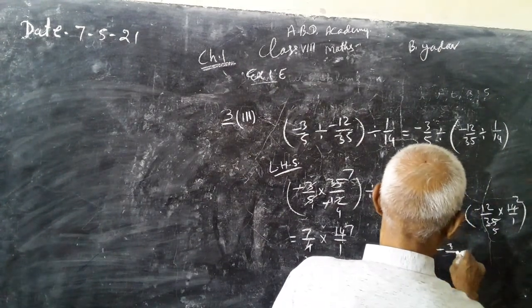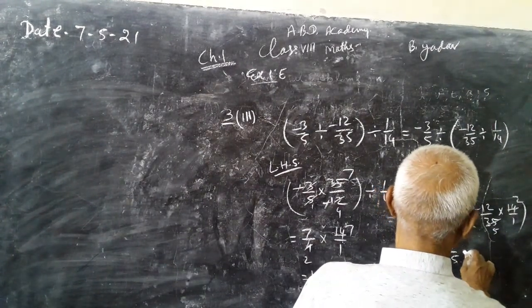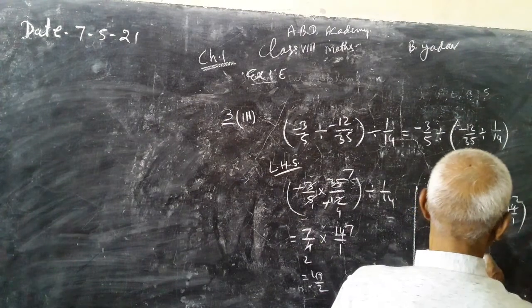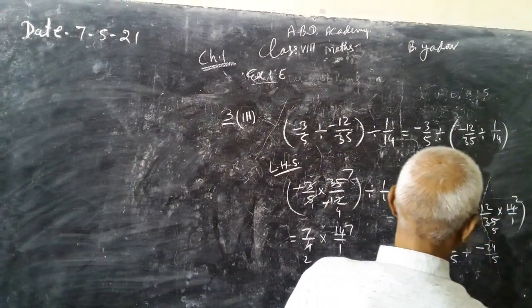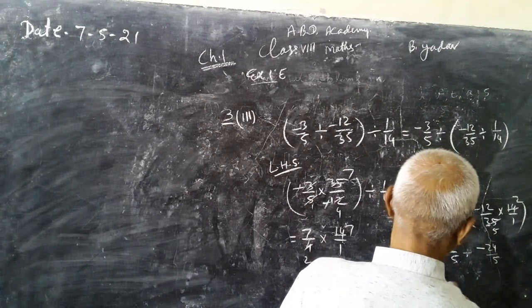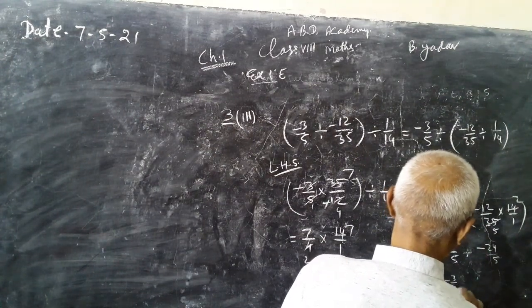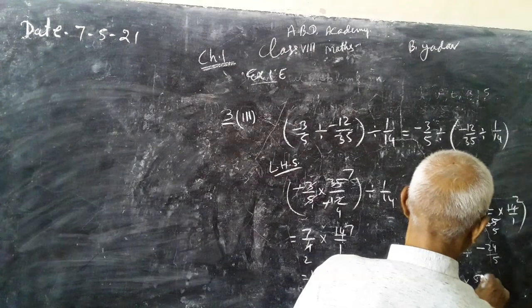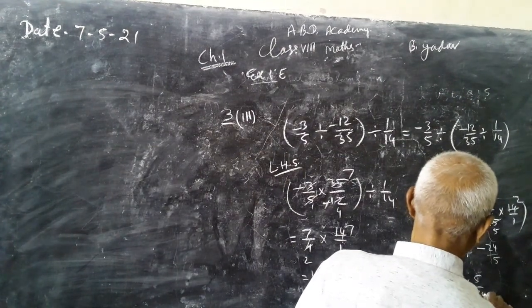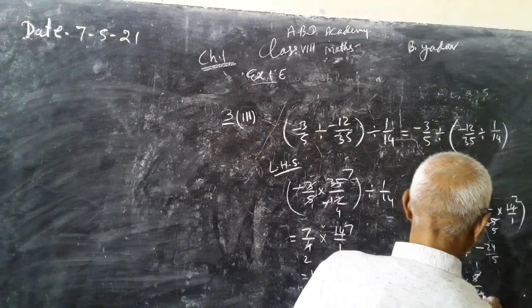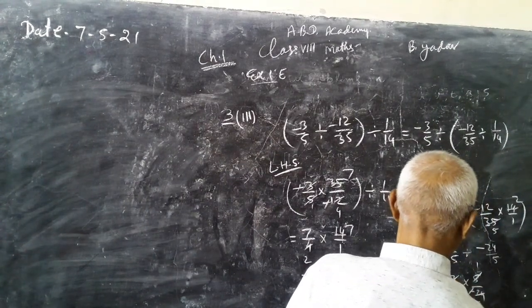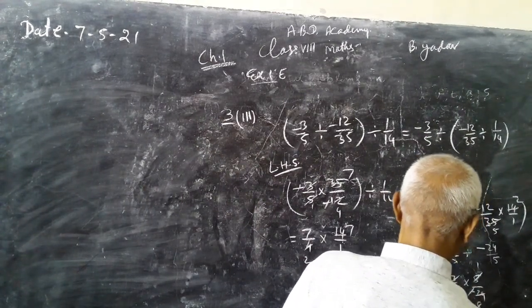It becomes minus 3 by 5 divided by minus 24 by 5. On reversing it becomes minus 3 by 5 into 5 by minus 24. 5 5 will get cut, and 3 8s, minus minus becomes plus, comes 1 upon 8.